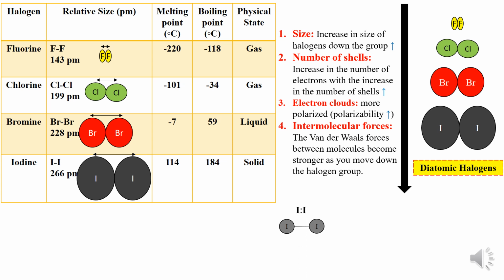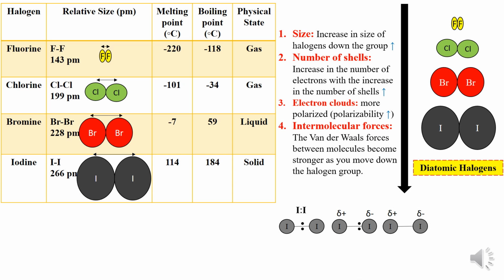Iodine is a non-polar molecule, and the bonding pair of electrons is equally shared between both the iodine atoms. But there is a momentary or temporary fluctuation of electrons, leading to a dipole.